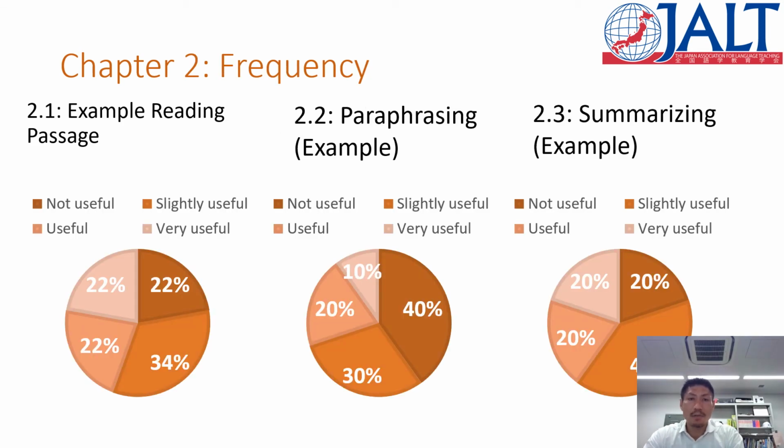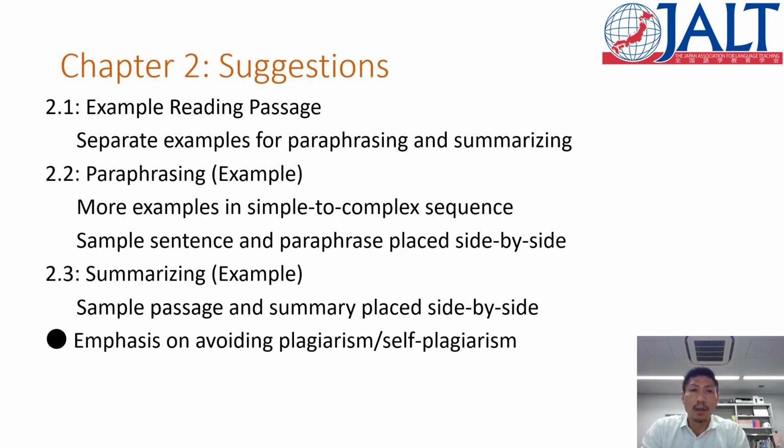As to chapter 2, at least some of the teachers rated those 3 sections as not useful. So we are going to focus on these 3 sections. And this slide shows the major suggestions that the teachers gave in the focus group discussion and questionnaire for chapter 2.